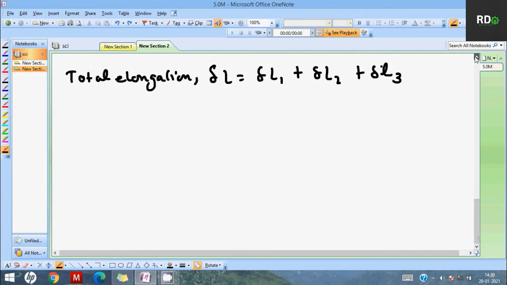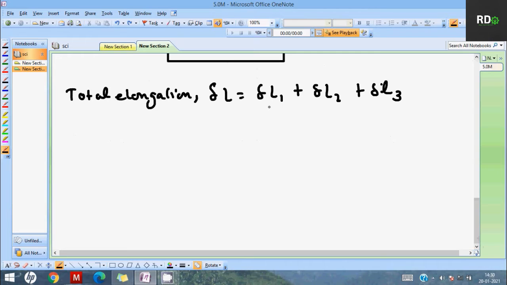This is the KL segment, this is the LM segment, and this is the MN segment. Don't get confused: 1, 2, 3 represent the first, second, third from the left hand side. Your formula stands in this way. Del L, the change in length, can be written as P1 L1 by AE, right?